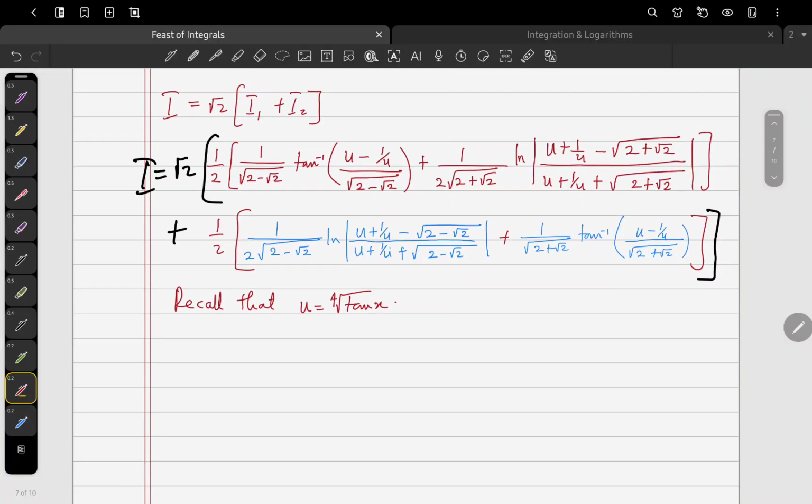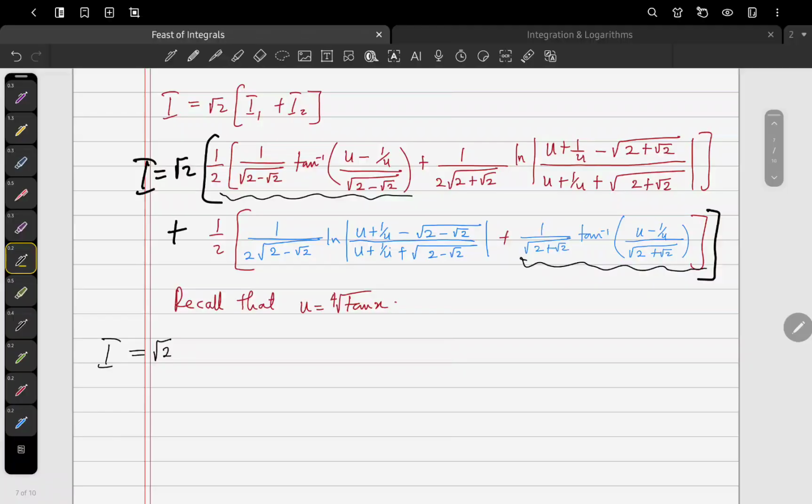Okay, let's do it together. So we have I is equal to the square root of 2 outside, and so we're going to have 4 terms: 1, 2, 3, 4. Let's put the arctans together. So the arctans will be this one and this one.